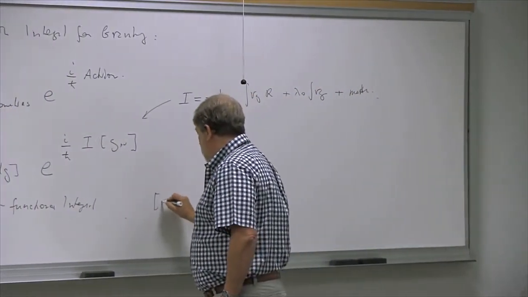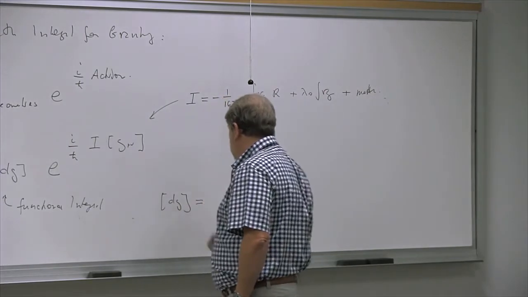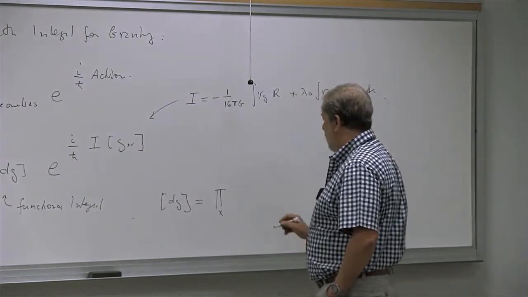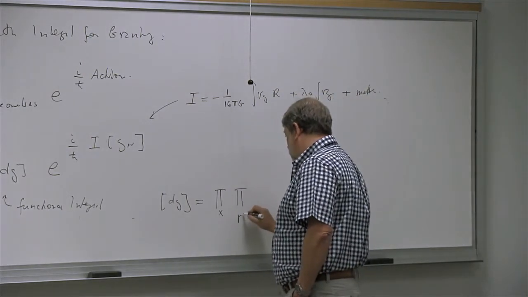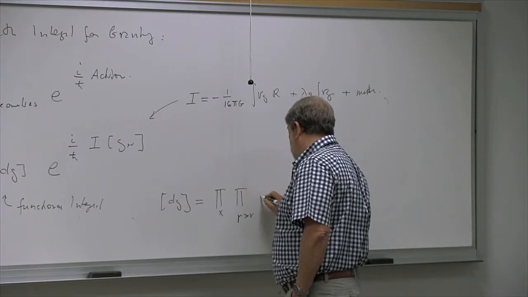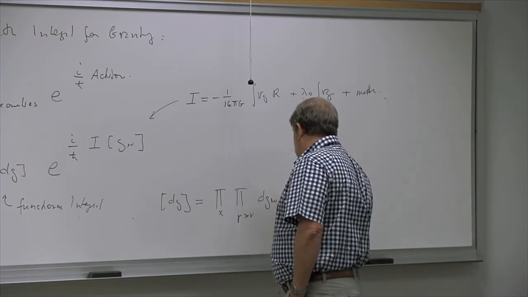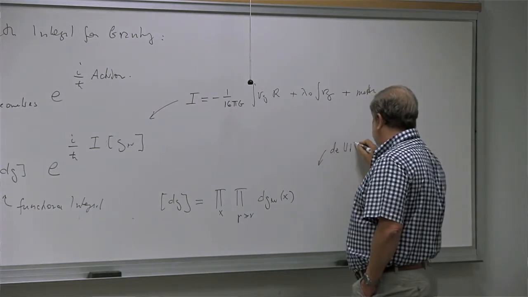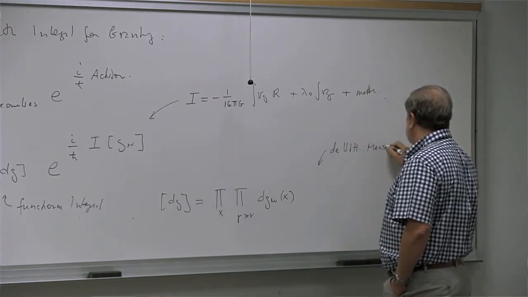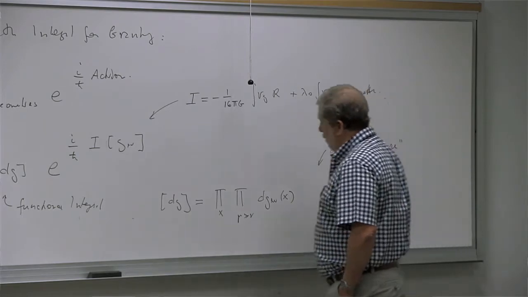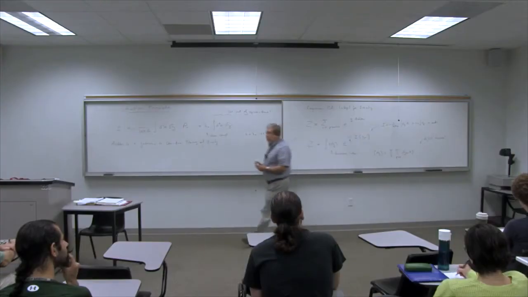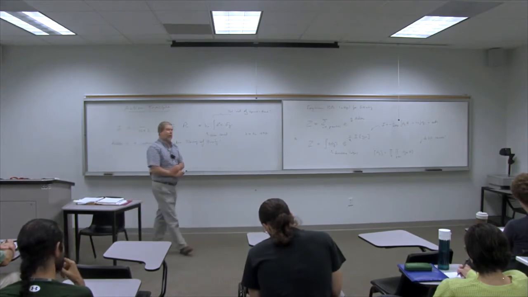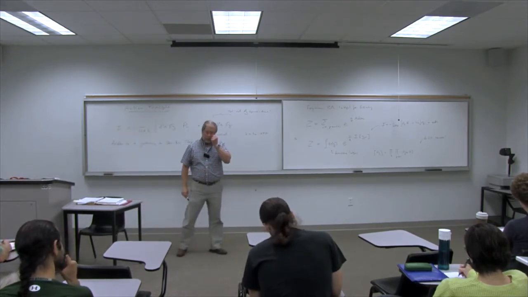And the measure is actually something that you can write down explicitly, because it's going to be a product over all space-time points of a product over mu greater than nu of dg mu nu of x. And this is called the DeWitt measure, the DeWitt functional measure, because Bryce DeWitt was the first one to write this down in the late 60s, what the Feynman path integral for gravity would look like. He wrote a number of papers.